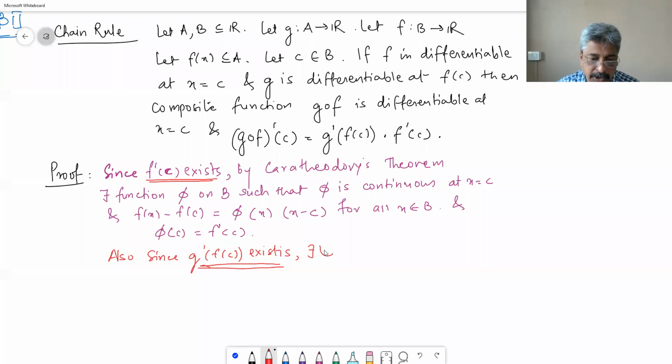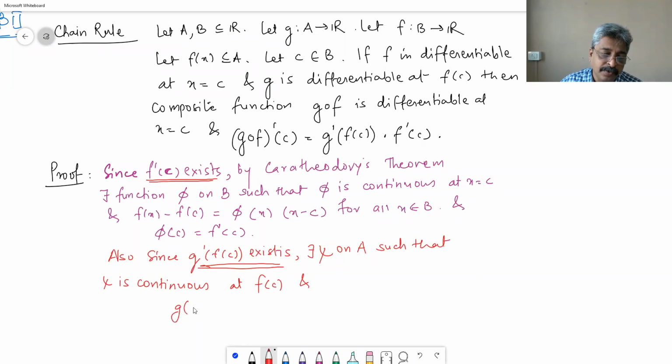There exists another function psi on A such that psi is continuous at f of c, and g of f of x minus g of f of c is equal to psi of f of x into f of x minus f of c.